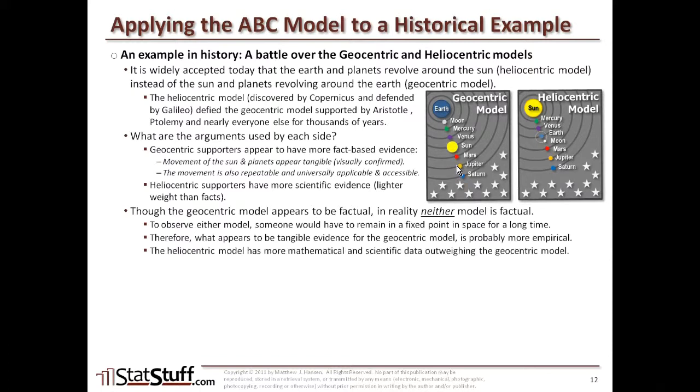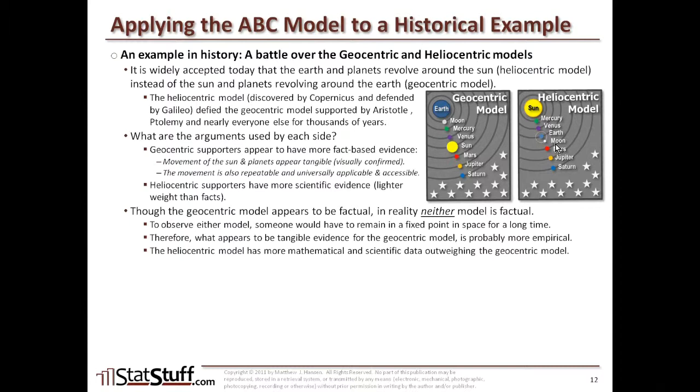In this case, when we compare it, the heliocentric model has more of the mathematical and scientific data, which would outweigh the geocentric model, which we called empirical. So we go back to the ABC model scale again, and we're showing that the geocentric model, which we thought might have been factual, was actually more empirical, which is lower on the scale and a less heavily weighted argument compared to the heliocentric model.